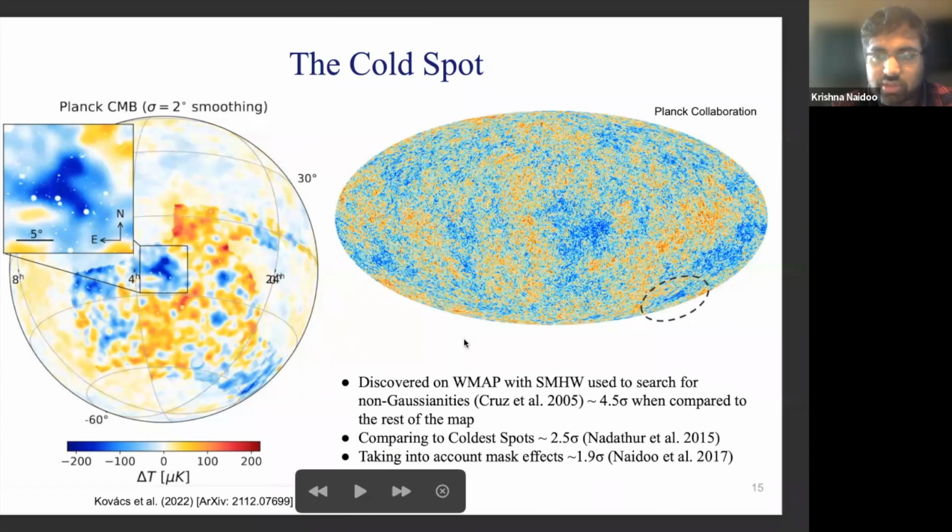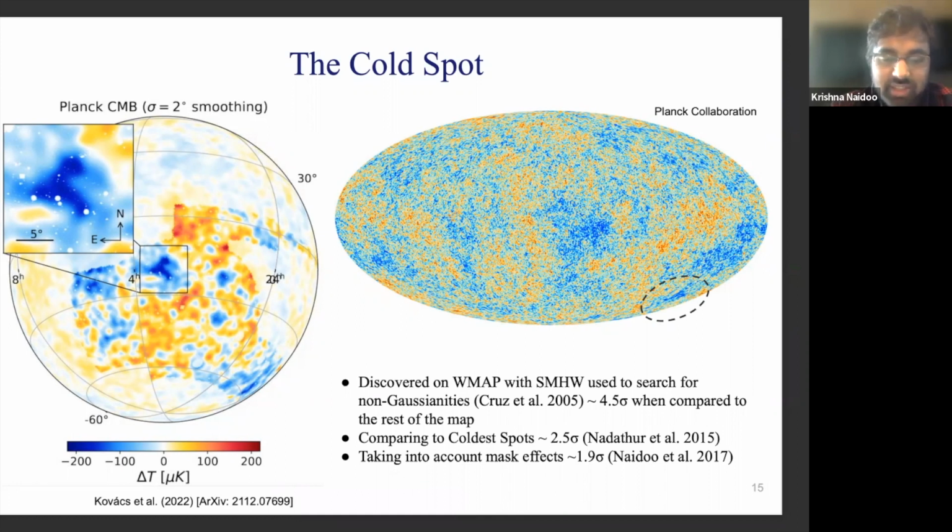If you compare it just to the filter on the map, you find it to be a 4.5 sigma deviation. If you instead compare it to the colder spots in Gaussian realizations of CMB, it turns out to be a 2.5-ish sigma anomaly.